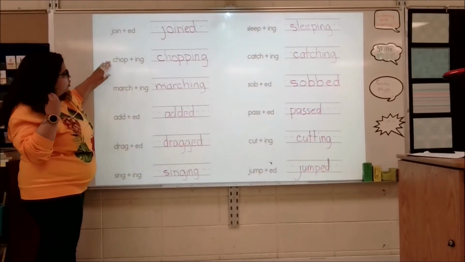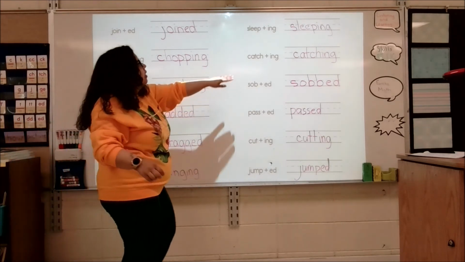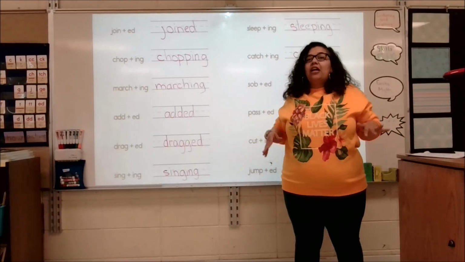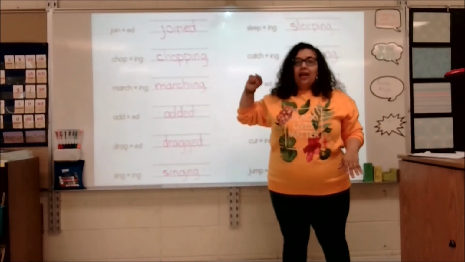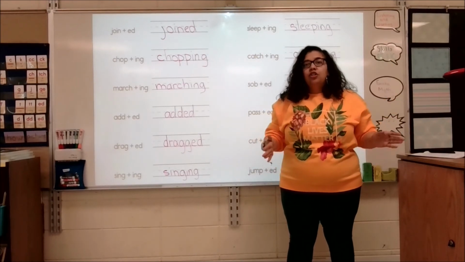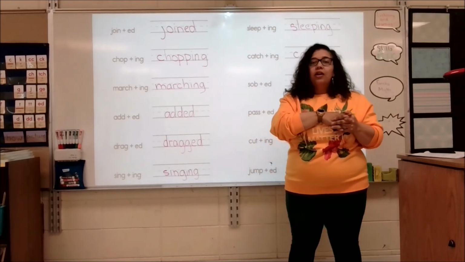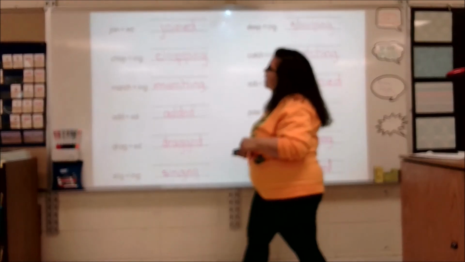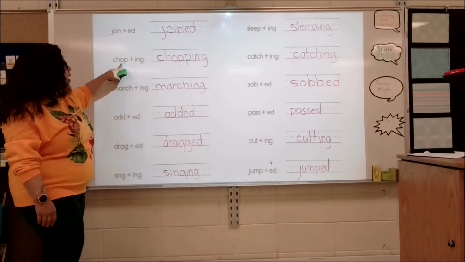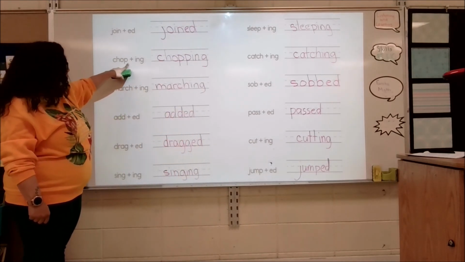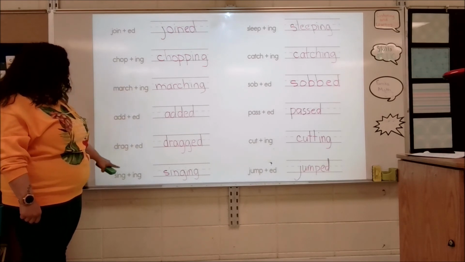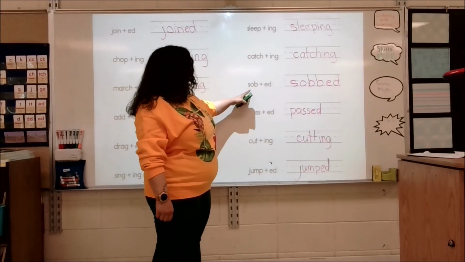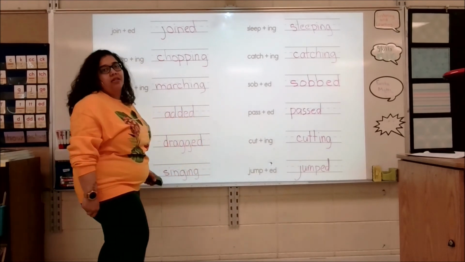So here: join, chop, march, add, drag, sing, sleep, catch, sob, pass, cut, jump, all verbs. To show when the action occurred, we attach ed or ing. Ed is past, ing is present. To attach them, to make them stick, depending on how the verb is spelled, we have to double the last letter. If the verb has a short vowel followed by a single consonant, op, ag, ob, ut, that's when you have to double that last letter.